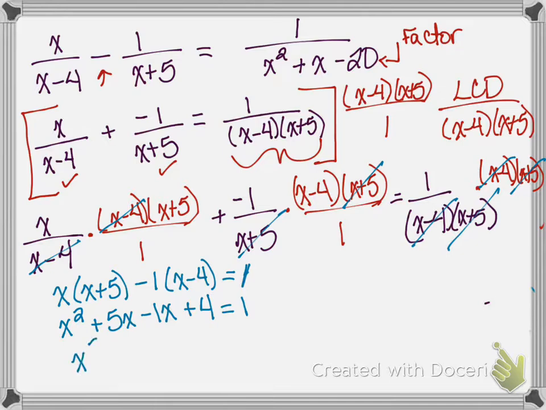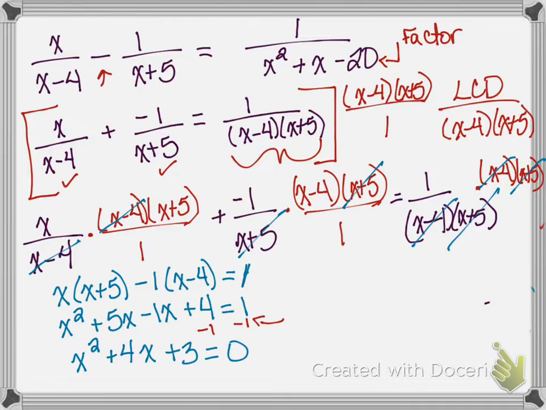I've got x squared plus 4x. Okay, I need to set this side equal to 0. If I subtract 1 from both sides, what do I get on the left-hand side? Plus 3. Okay, so what I did right there is I subtracted 1 from both sides.